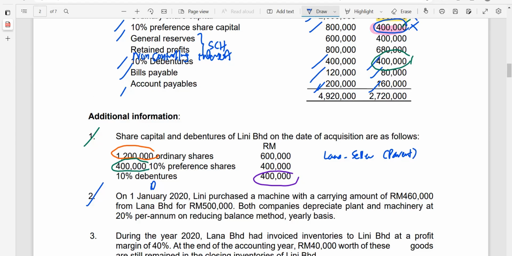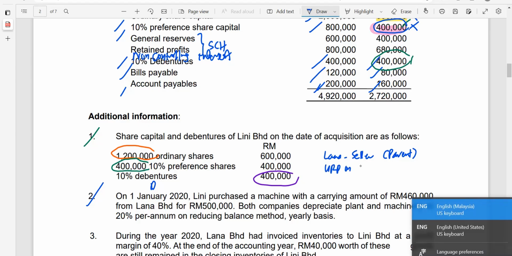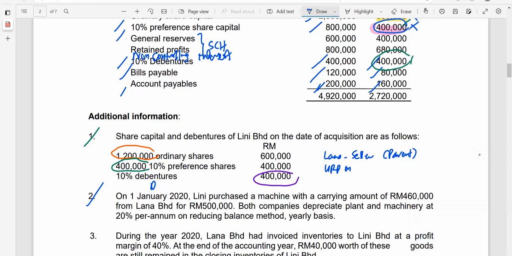What you need to do is find out if there is any unrealized profit on the sale of the machine. Our assumption here is that the machine that was purchased was not sold off to outsiders by the end of the reporting date. The carrying amount is 460,000.